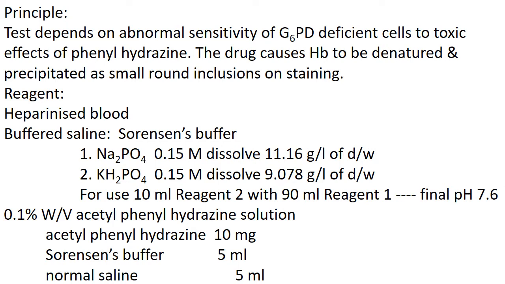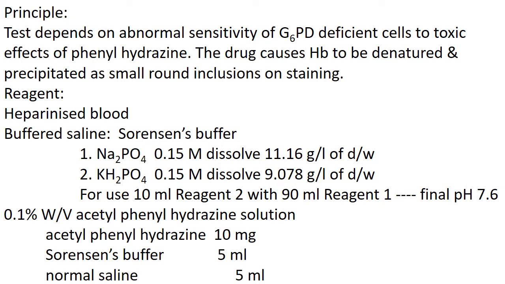The reagents required are heparinized blood, that is blood collected in heparin anticoagulant, and buffered saline, that is Sorensen's buffer. Solution A: disodium hydrogen phosphate 0.15 molar, dissolve 11.876 gram per liter of distilled water.